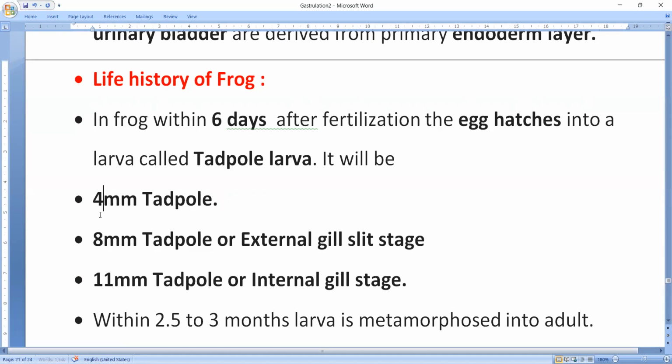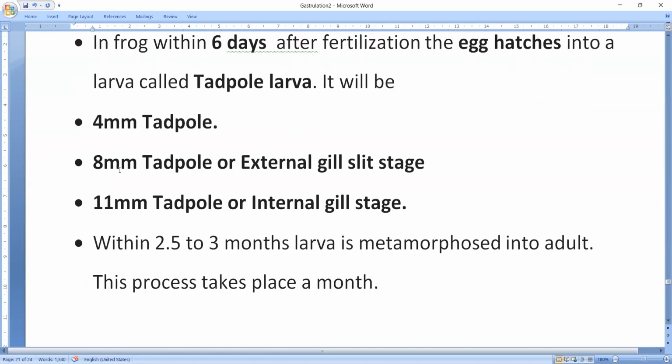So the first stage is the 4 mm tadpole larva. The second stage is the 8 mm tadpole larva, famously known as the external gill slit stage. And the third stage is the 11 mm tadpole, or internal gill slit stage.